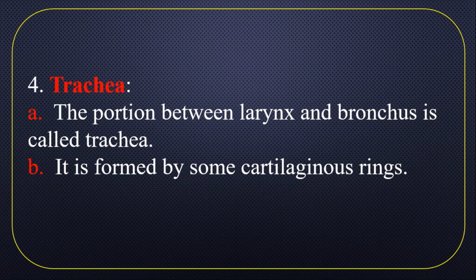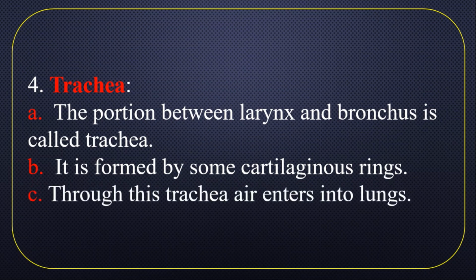In the normal sense, it is soft bone. Actually, the definition of cartilage: the flexible connective tissue of our body is called cartilage. Through this trachea, air enters into the lungs.